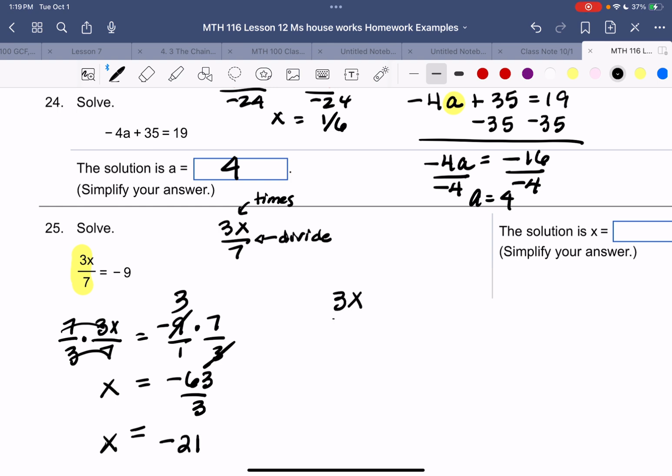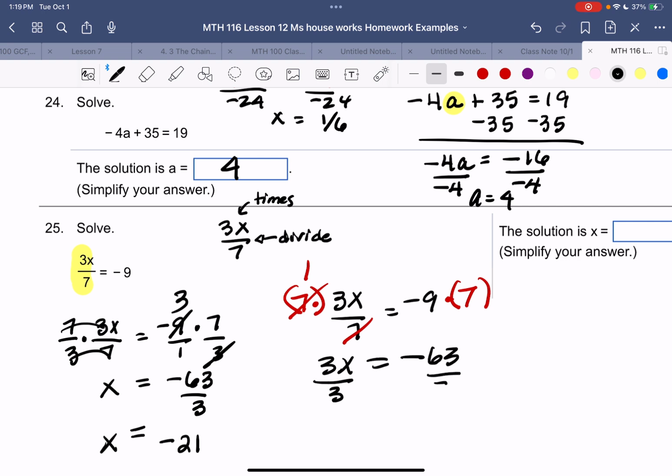Now, let's talk about what you would do if you want to do those separately. First, let's multiply by 7. Parentheses is probably best, especially if there are decimals in the problem. A 7 on top and a 7 on bottom divide to a 1. A 1 times 3x leaves a 3x. A negative 9 times 7 is a negative 63. Now I've got multiplication.